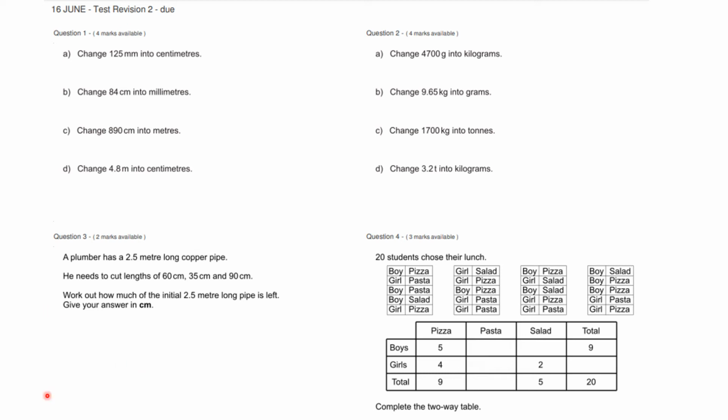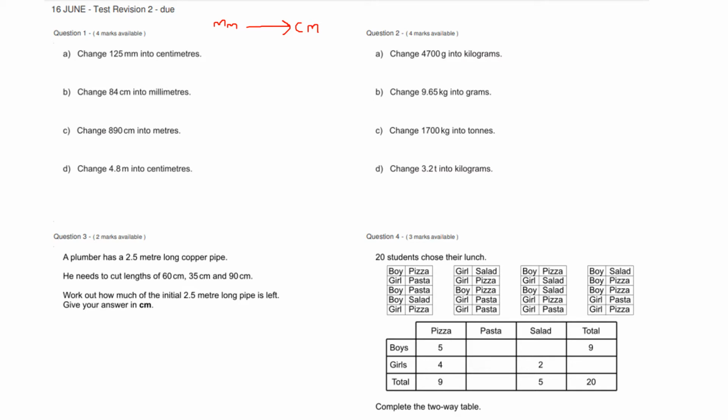So we're going to start off with a couple of conversions. The key thing to remember is that if we're trying to go from millimeters to centimeters or the other way around.